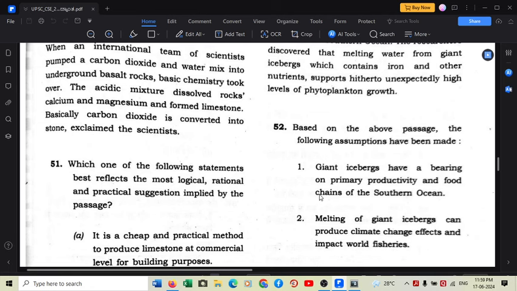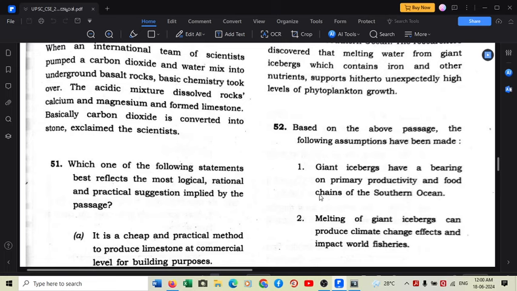So obviously, if giant icebergs contain a lot of carbon, it will have an impact on climate change effects. And the more the carbon, the more impact on world fisheries. So statement two also seems a correct assumption.